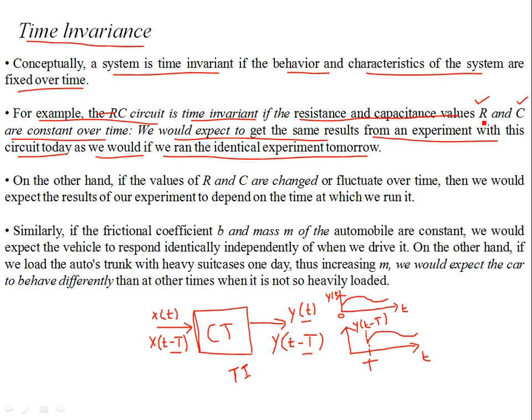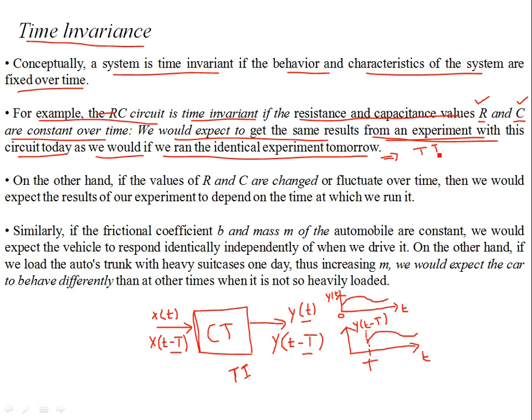Given the lumped elements, the configuration stays the same, the circuit stays the same, R and C don't change, there are no room temperature or pressure conditions changing, nothing that affects the values of R and C. The output is going to stay the same. Whether you run the experiment today or tomorrow, you will expect the same result. This implies a time invariant system.